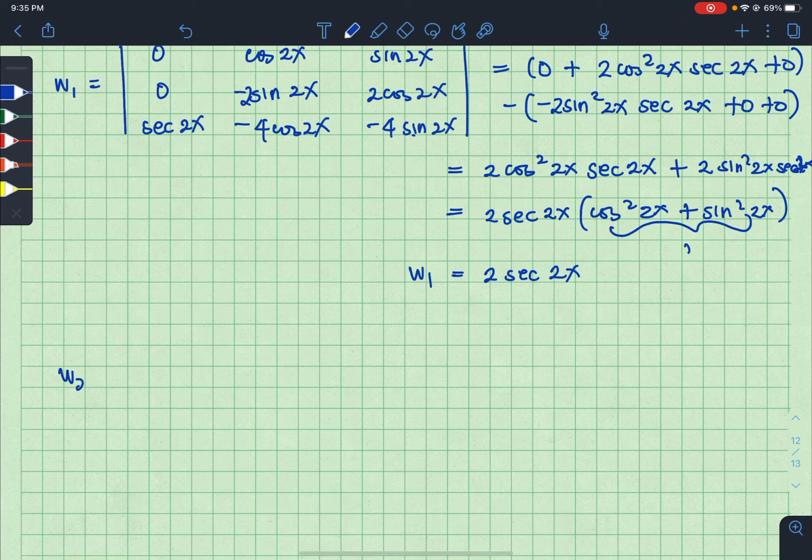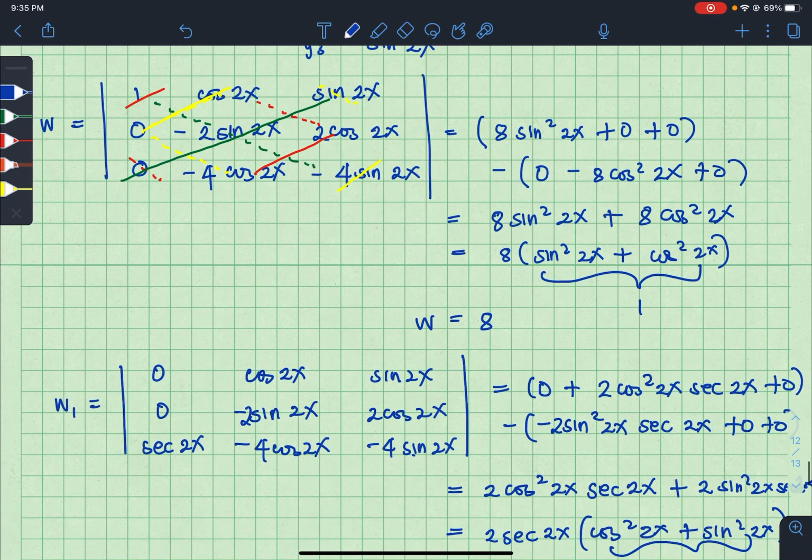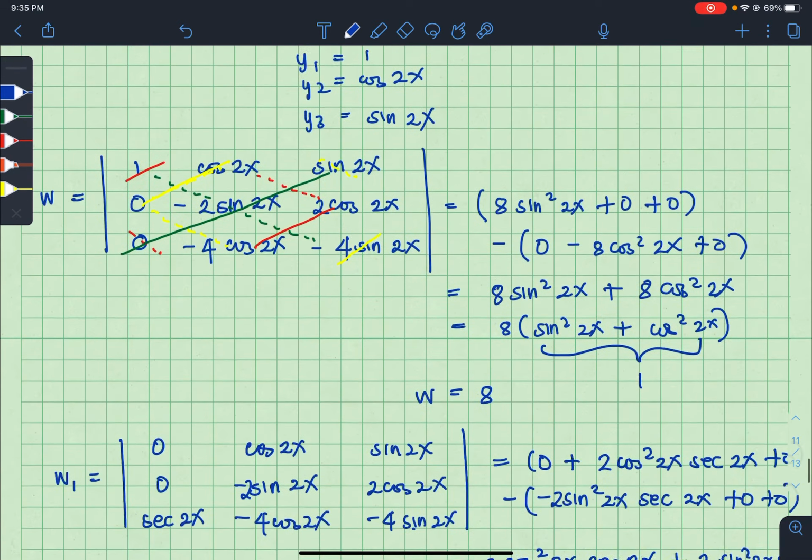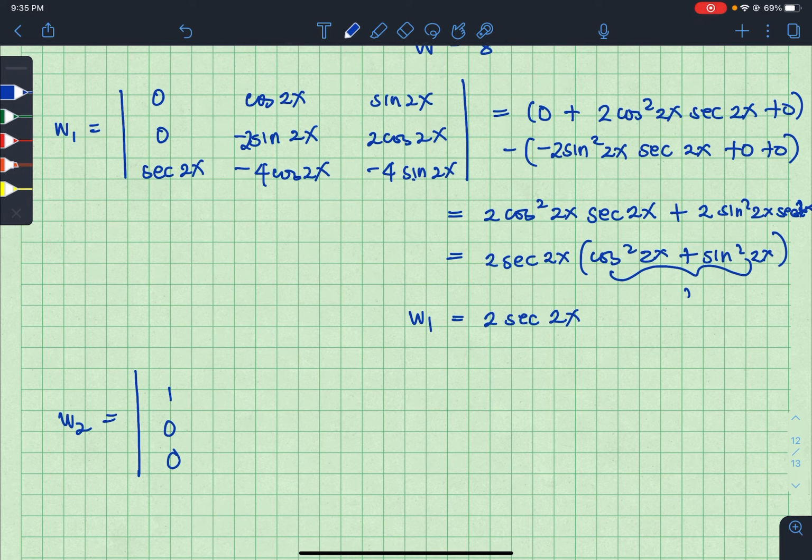Our W sub 2: we have 1, 0, 0, and then second column, 0, 0, secant 2x.